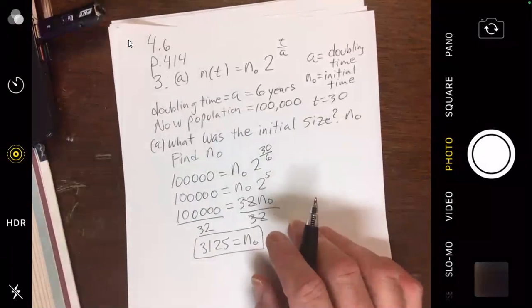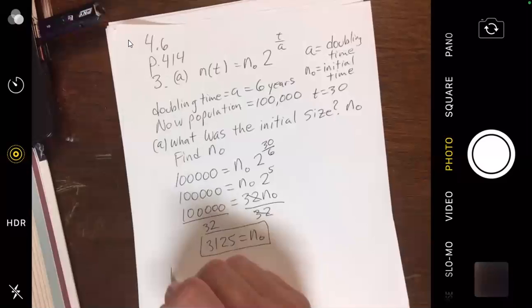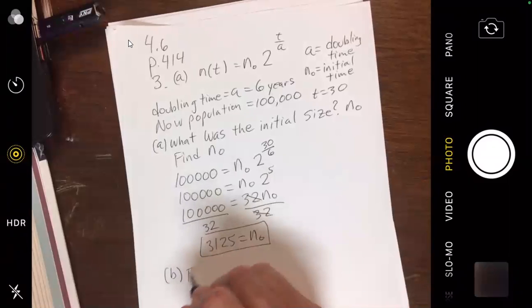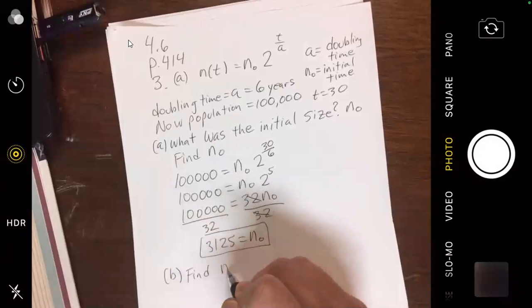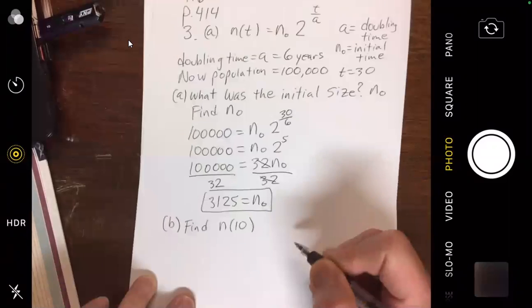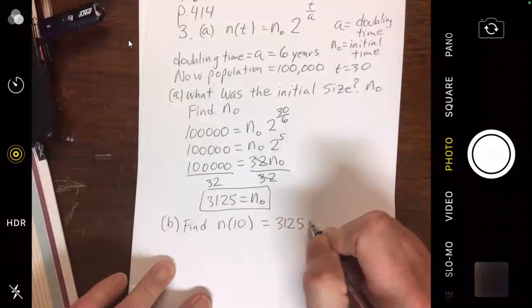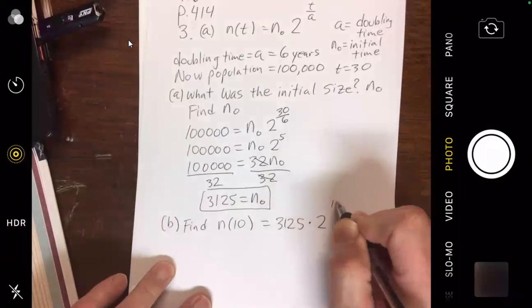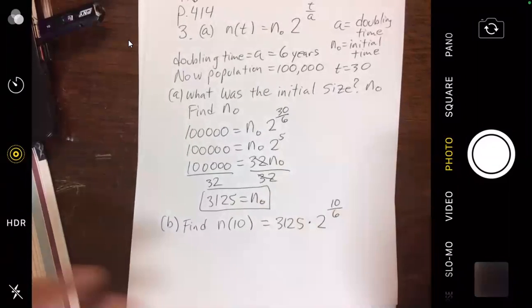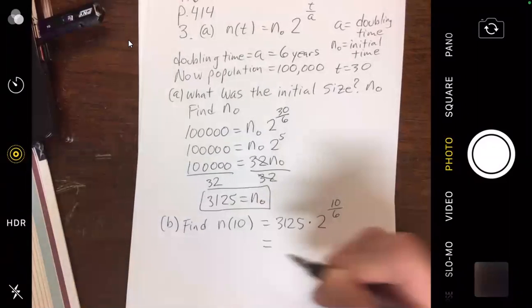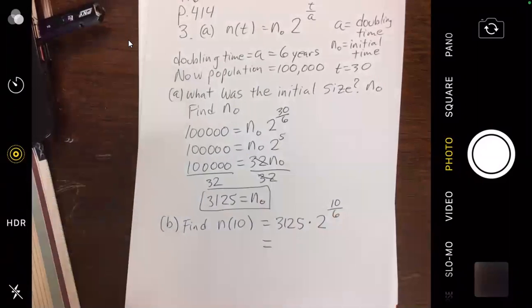Estimate the squirrel population 10 years from now. Find N at 10. So that would be 3125 times 2 raised to the 10 over 6. Now, let's see, 10 years from now.